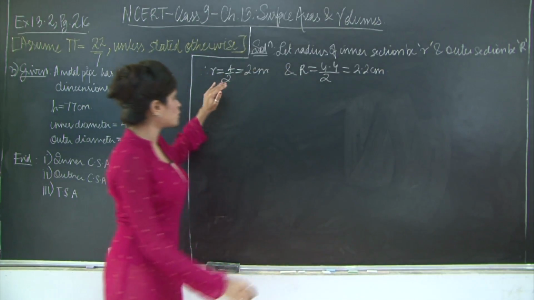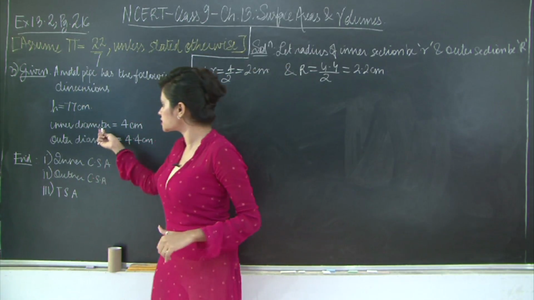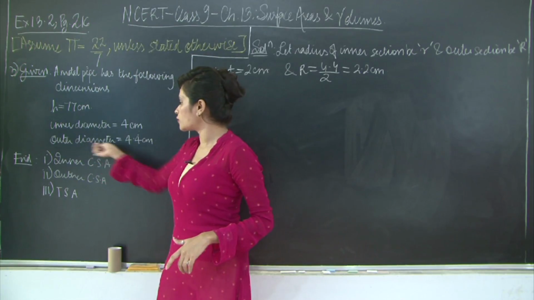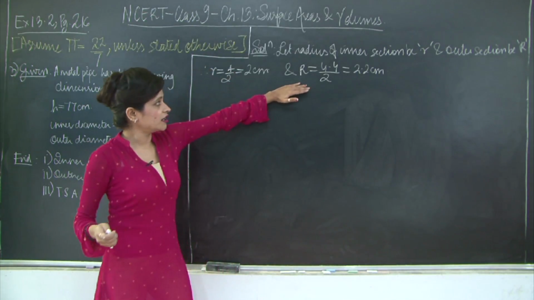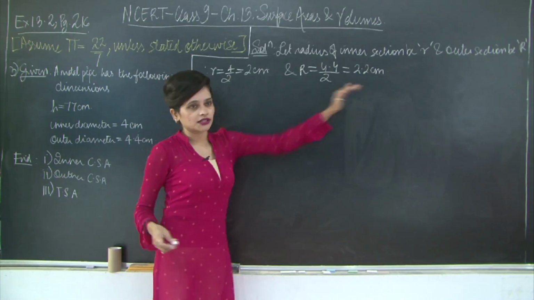So you got why the inner radius is 2, because the inner diameter is 4 centimeters and the outer diameter is 4.4. Therefore, the bigger radius is 2.2 centimeters.